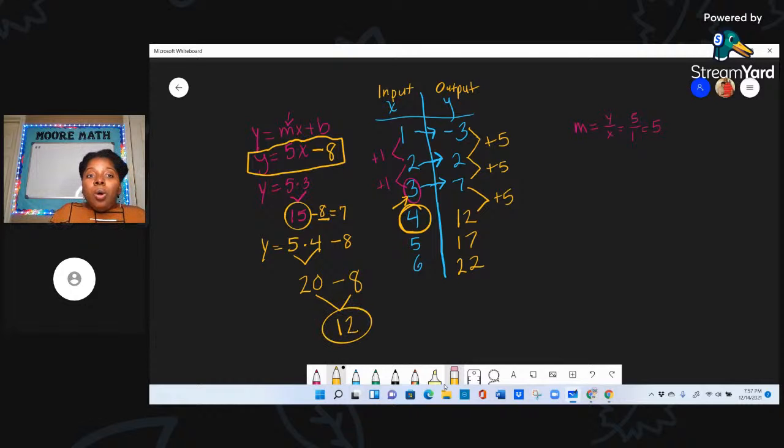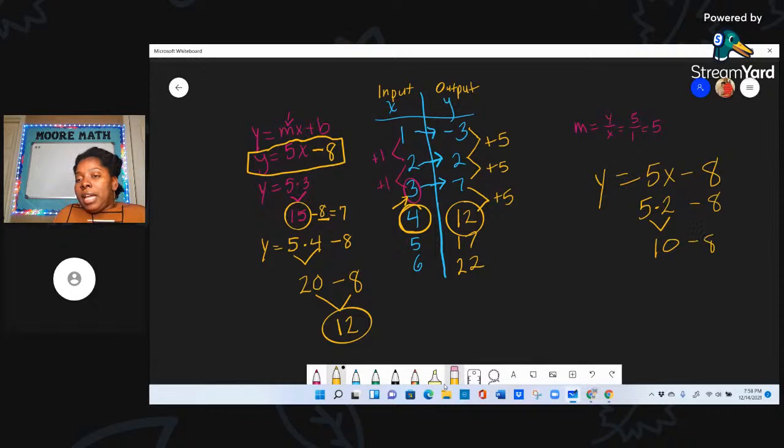Okay. So we got what we wanted, right? 12 should have been our output. Try another one. 2. Because this 2, we put it in, it's 2, and then we take it out, it's 2. Let's see if it works with our equation. So our original equation is this. Instead of x, I'm going to put 2. What is 5 times 2? 10.